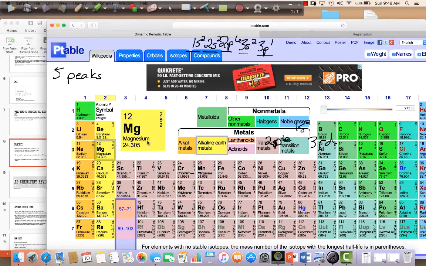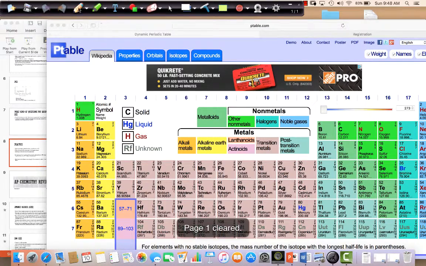So if we're somewhere here, well, 1s2 would be the first peak. Okay, then 2s2 would be the second peak.